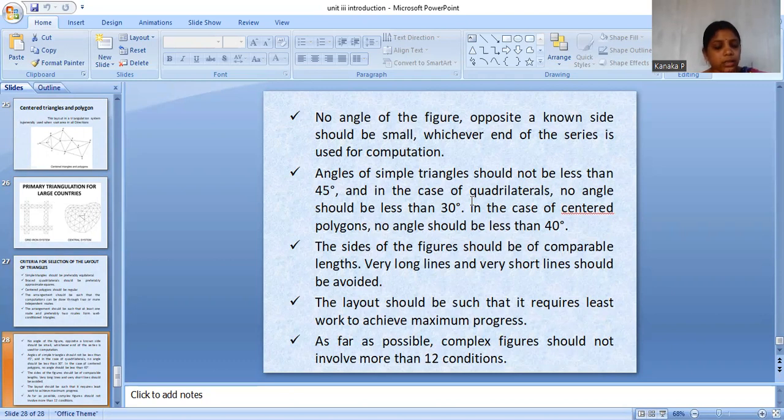Next one is error. Error is made in an observation due to some reasons. Errors may be classified generally as mistakes, systematic, or accidental error.